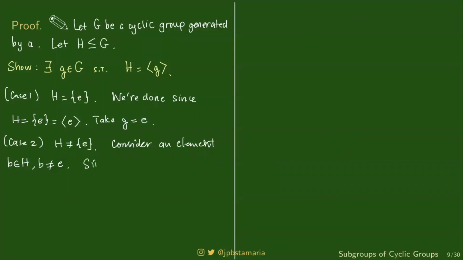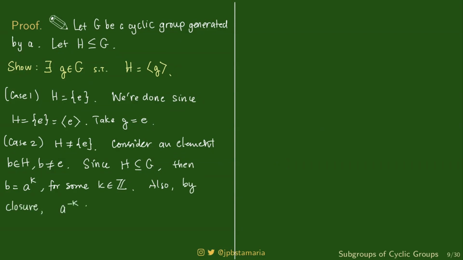Since H is a subgroup of G, then si B mismo ay nasa G. Kasi G ay generated ni A. So, ibig sabihin, lahat ng elements ng G ay powers ng A. And that will include B because B is in H and H is a subset of G. So, B is a power of A. Let's say A to the K for some K in Z. Also, by closure, A to the minus K is in H. Hindi lang si A to the K, which is bilang na kay H, pati yung A to the minus K, kasi siya yung inverse ng A to the K. Right?